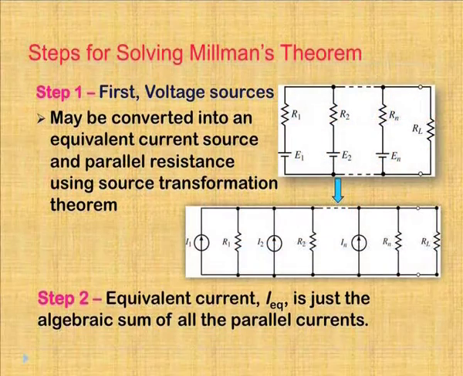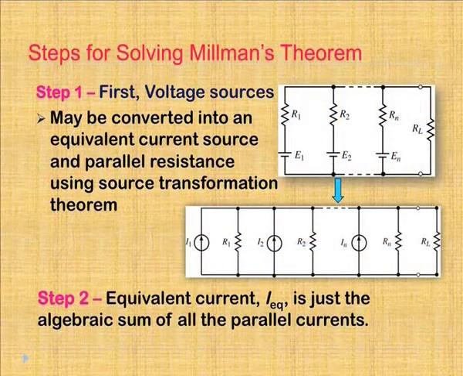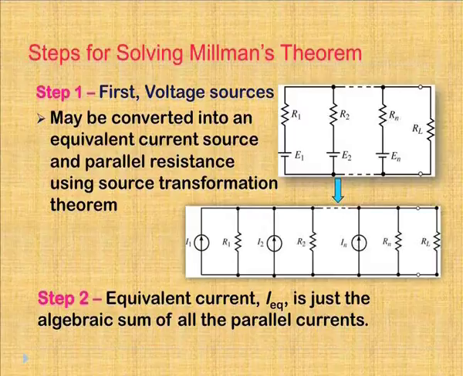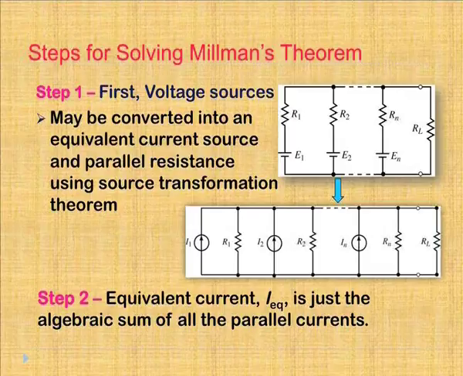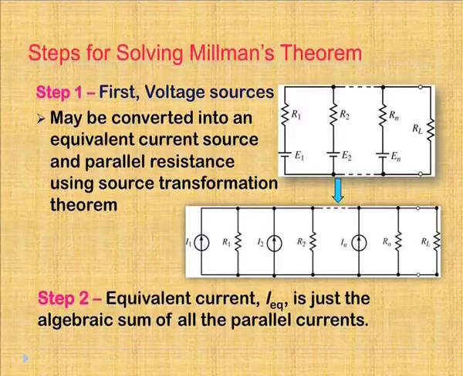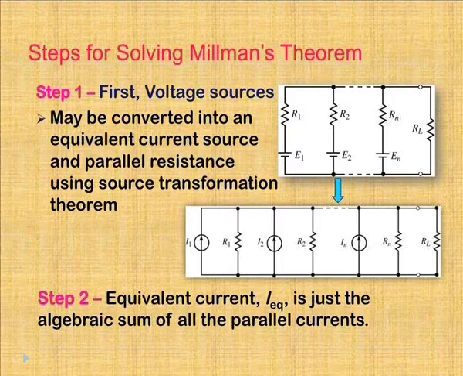So, we get this equivalent circuit as shown in the figure, in which all the current sources are connected in parallel. Now, we get a single current for all the sources by just adding them. So, we get the equivalent current by the algebraic sum of all the parallel currents.